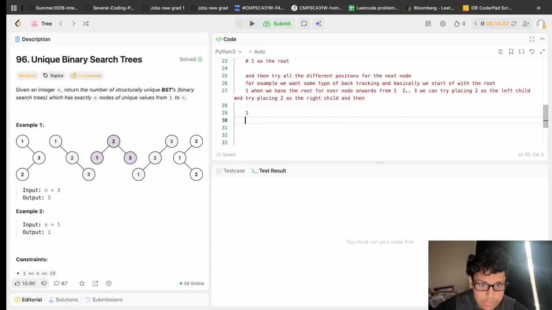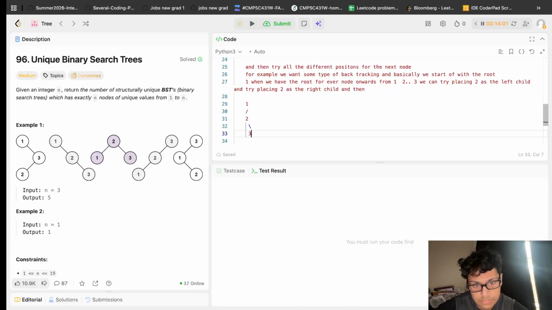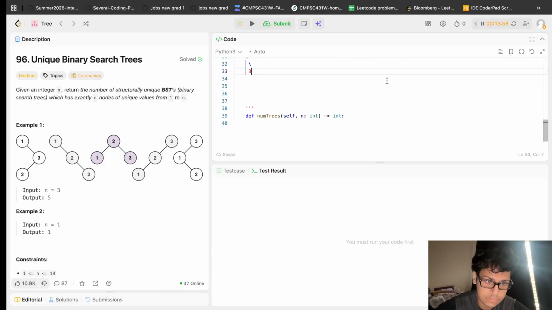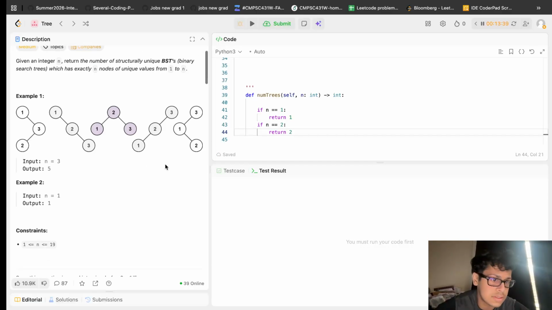So we would have 1. We try 2 as left child, go into 2, and we can either try 3 as the left child, or we can try 3 as the right child. So we know these are right.